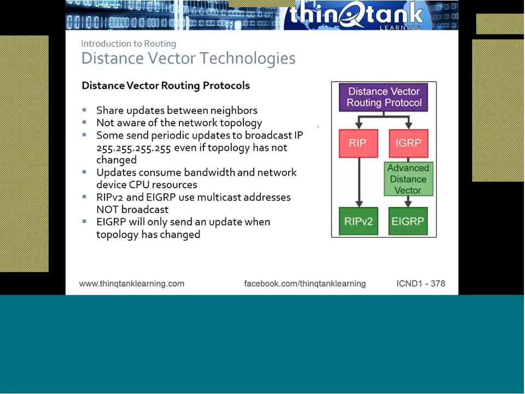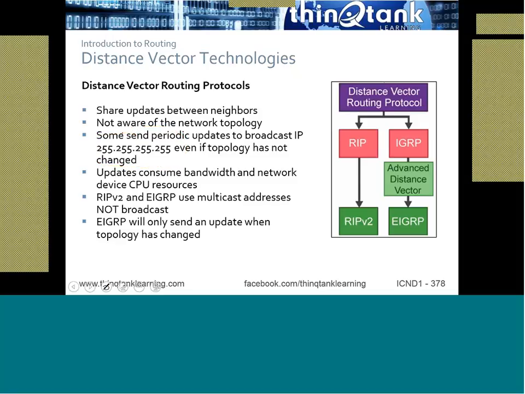Okay. Now, even worse than that, some protocols like RIP version 1 and IGRP, not only do they send out periodic updates, we talked about that concept of sending periodic updates is not necessary, but they send their periodic updates to a broadcast address, 255.255.255.255.